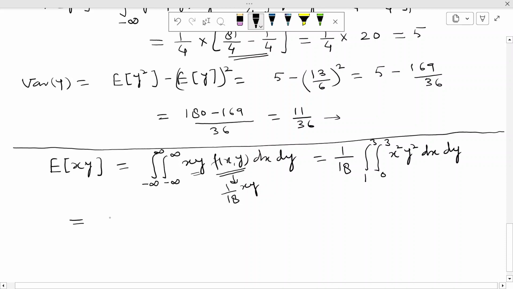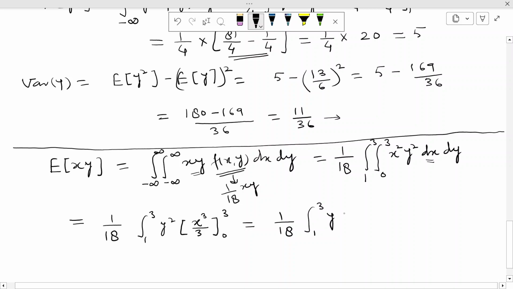So this will be 1 by 18 and because we are integrating this function with respect to x first, we will keep y square as it is, and the integral of x square is x cube by 3, and the limits are 0 to 3.